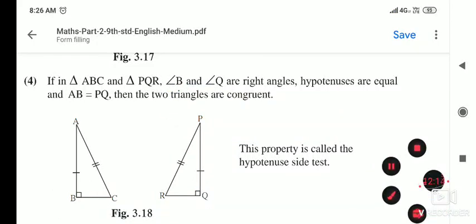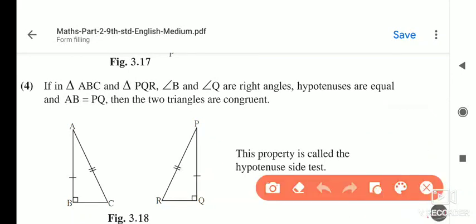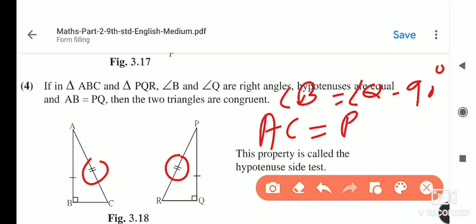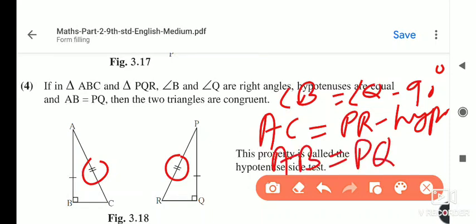Then what they told us, the hypotenuses are equal. If you see here, it is shown by the same sign. Angle B is equal to angle Q because each is 90 degrees. Then AC is the hypotenuse, AC is equal to PR. And AB is equal to PQ, one side of the triangle.